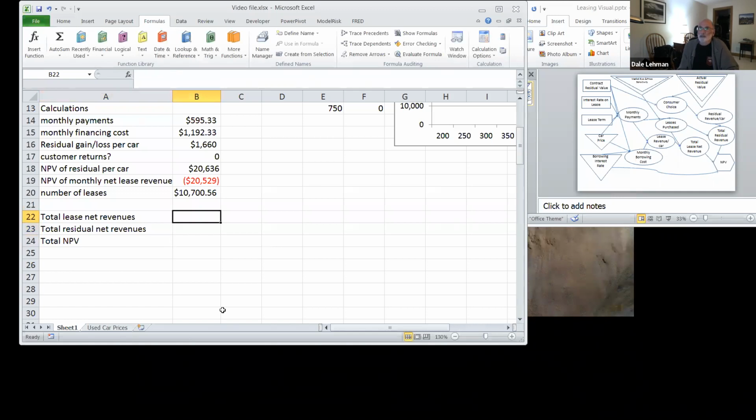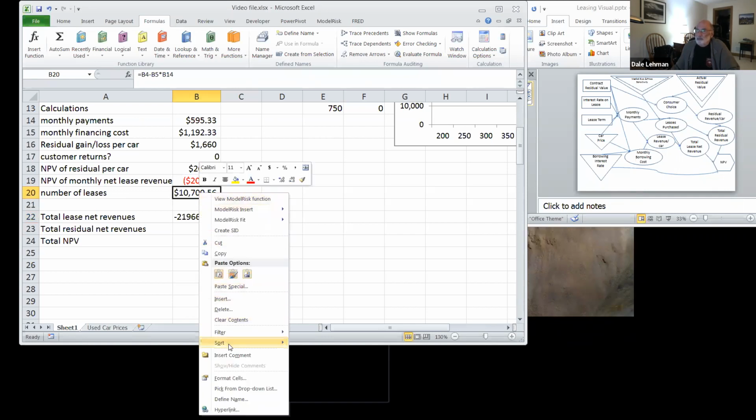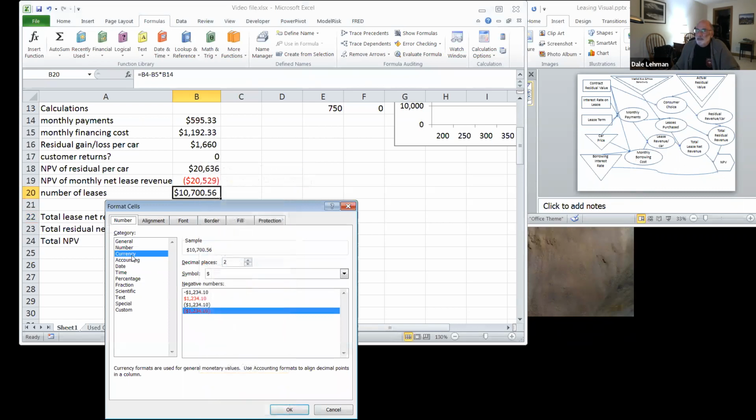So the lease revenues per car is B19 times the number of leases, which is B20. And better change this so that it's just a number.